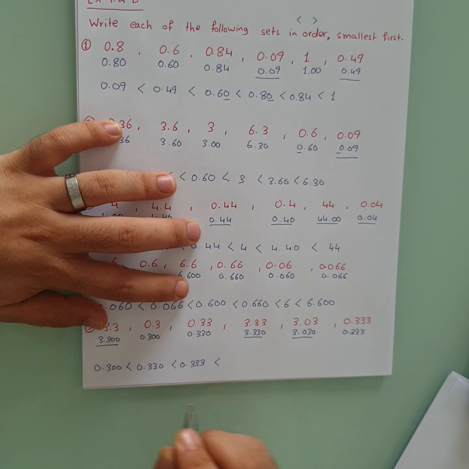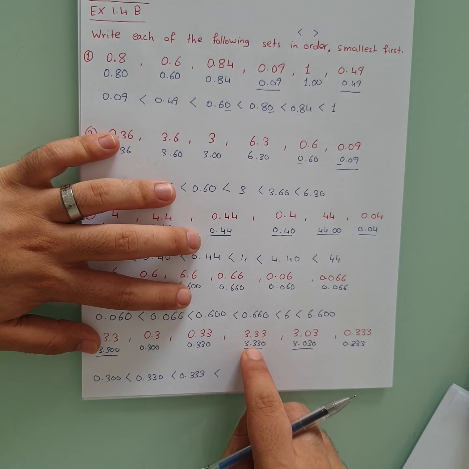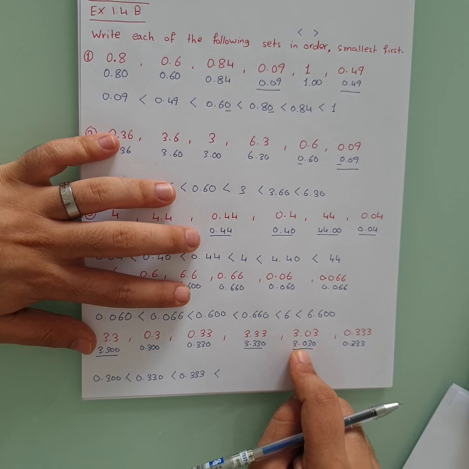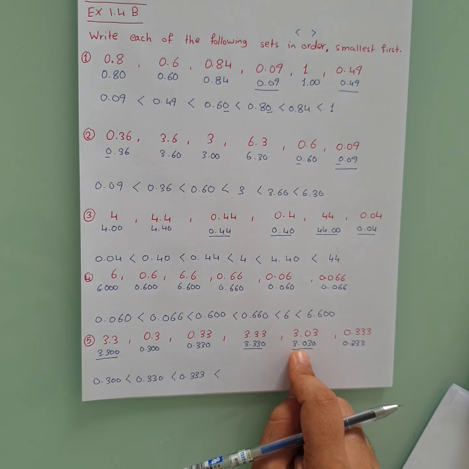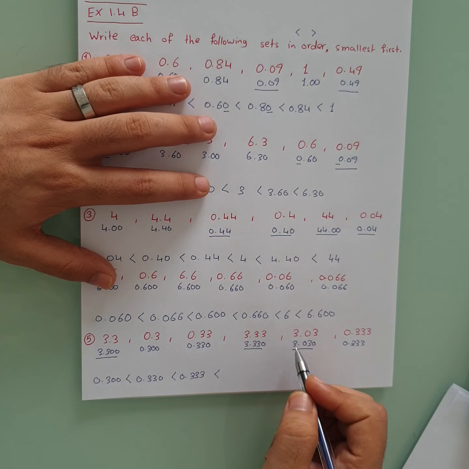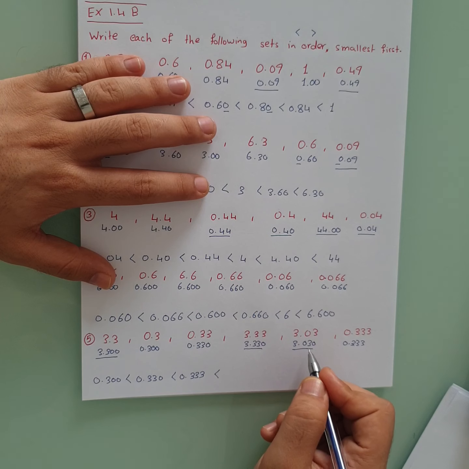And smaller than, let's talk about threes right now. 3.300 or 3.330 or 3.030. Okay, 3.030, like 0.030, it is the smallest number that we have here, because it's 300 and this is only 30.